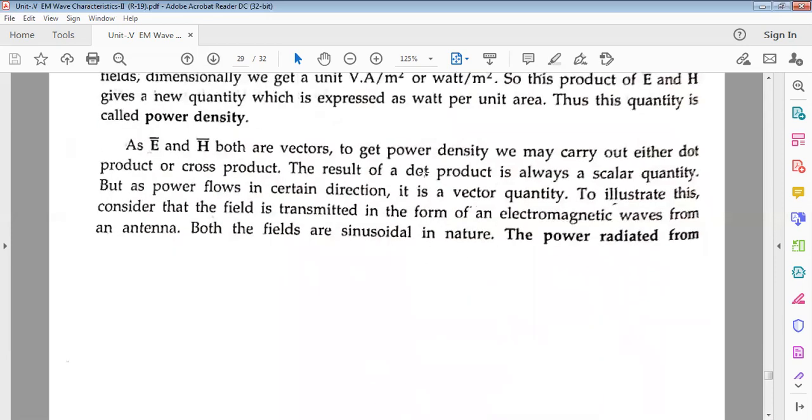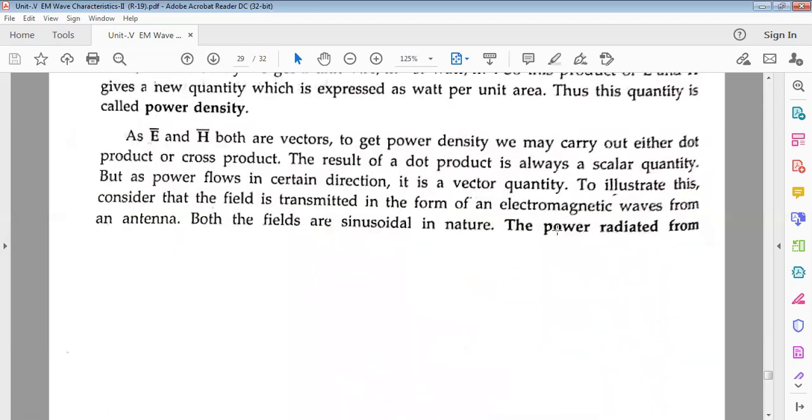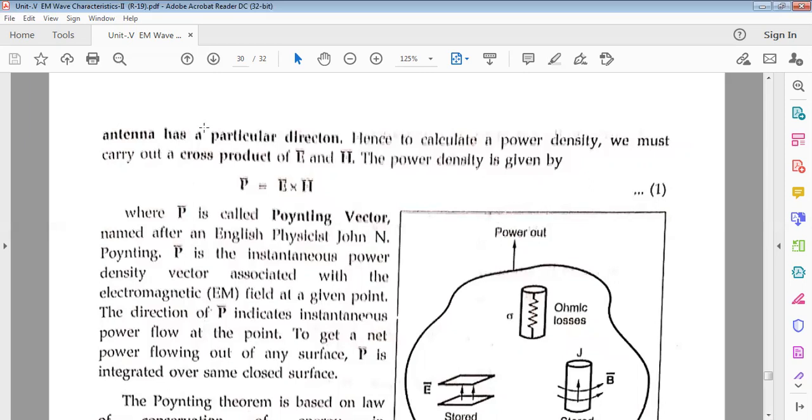So once again, as E bar and H bar both are vectors, to get the power density we may carry out either the dot product or the cross product. The result of a dot product is always a scalar quantity, but as power flows in a certain direction, it is a vector quantity. So the power radiated from the antenna has a particular direction.